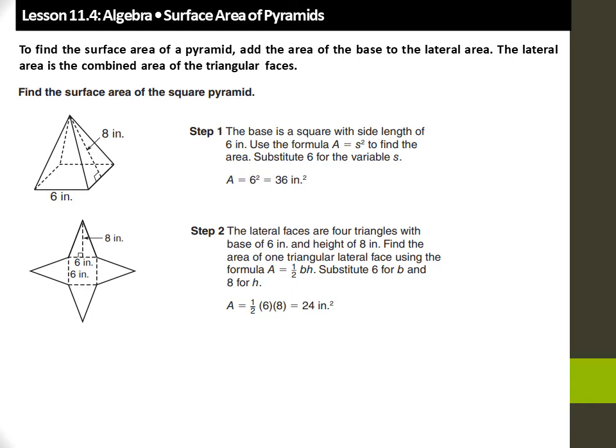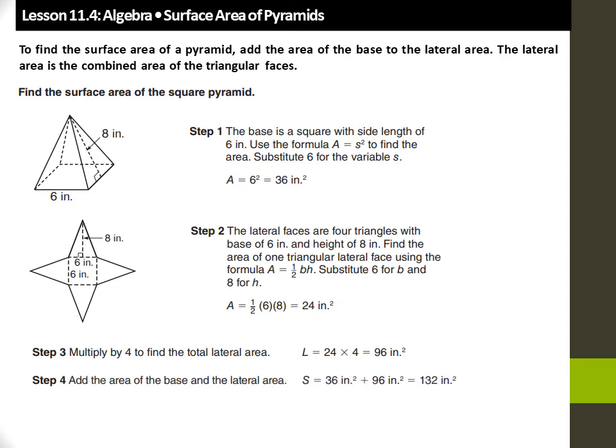Next, we must multiply the area of the triangle by 4 since we have 4 triangular faces and add the answer to 36. 24 times 4 is equal to 96 inches squared. 96 inches squared plus 36 inches squared is equal to 132 inches squared. So the surface area of the square pyramid is 132 square inches.